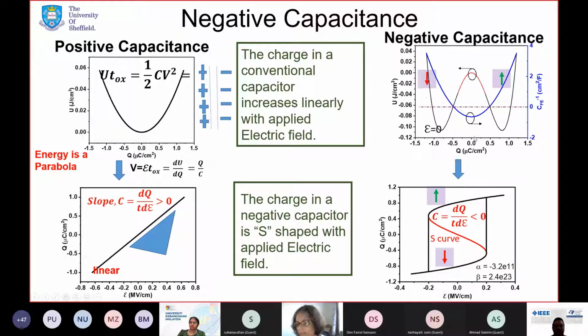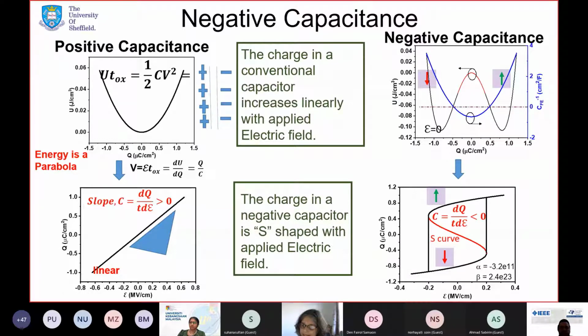For this W-shaped energy profile, if you plot the Q versus the electric field, it's actually an S-shaped curve. That means as you increase the electric field across the plates of this capacitor, the charge starts to increase until it reaches a certain point. Then when you reduce the electric field, instead of the charge reducing, it continues to increase until it reaches this point, and then again it starts to show an increasing behavior.